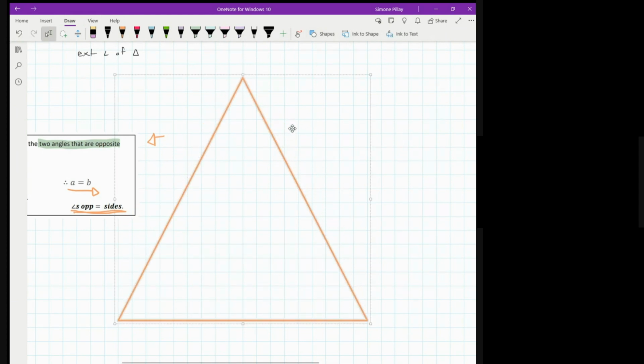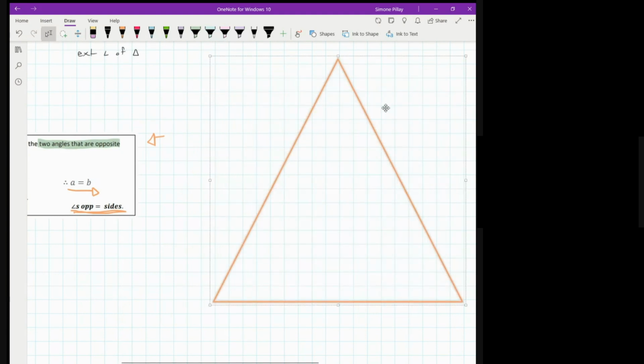With geometry, the way I learned geometry is with huge shapes, so it's like in your face. So when you have a triangle that has these two equal sides, in my brain, I know these sides are equal, and what I used to tell myself is that these equal sides are also pointing to angles that are equal.